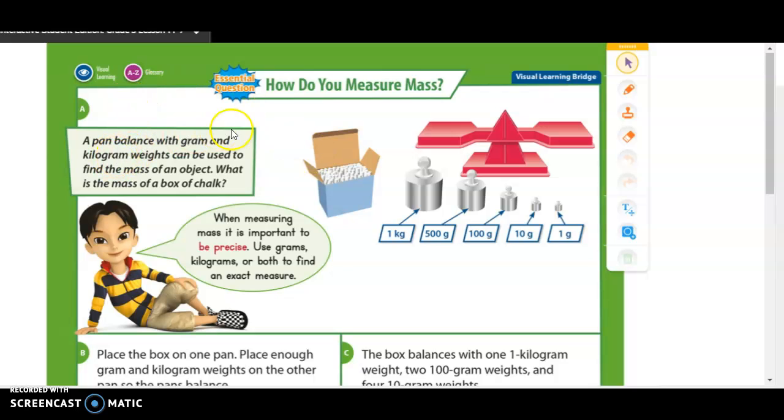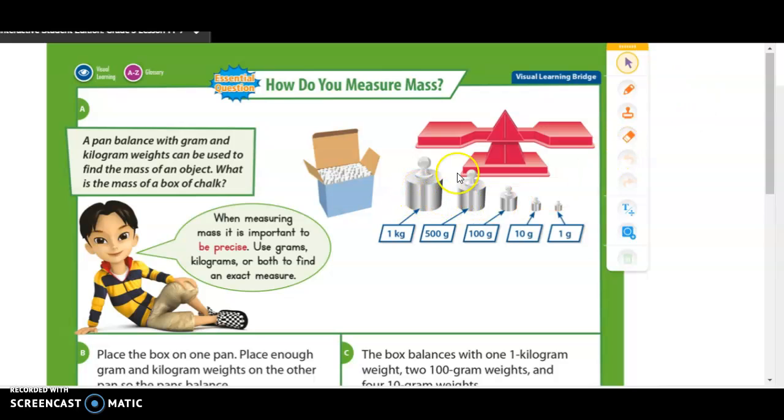But it says a pan balance with gram and kilogram weights can be used to find the mass of an object. What is the mass of a box of chalk? If we were together in the classroom, we would grab this box of chalk and set it on one side of the balance. The balance scale would tip down because there's weight on this side and nothing on this side.